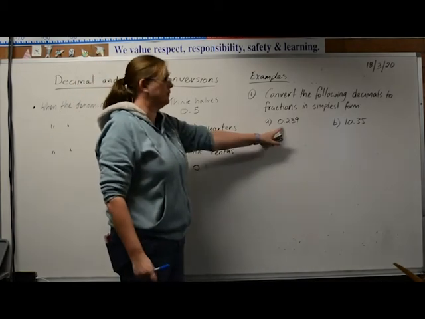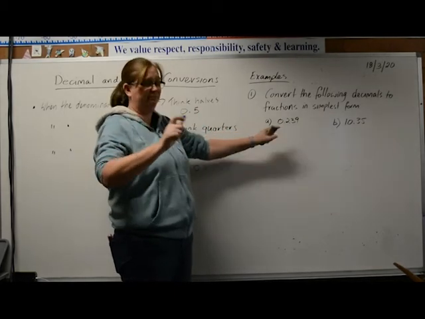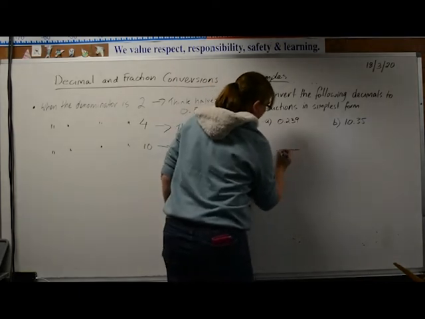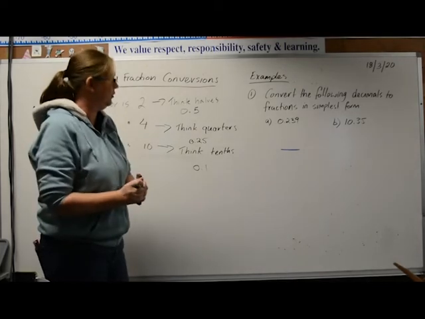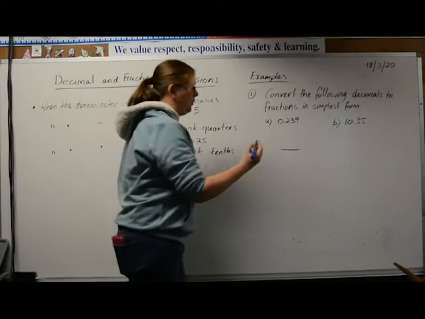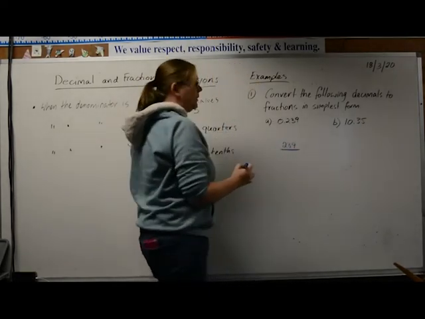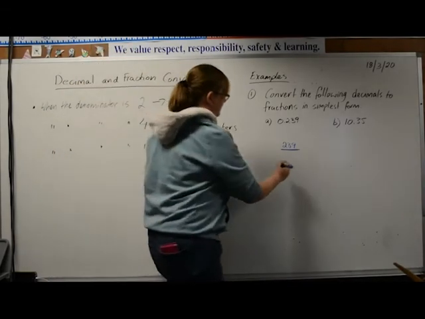Have I got any whole numbers? No whole numbers, I'm just going to have a fraction. So I'm going to put in my fraction bar, or vinculum, as it has otherwise been called. 239 is going to be on top. Who can tell me what might be on the bottom? 1,000.